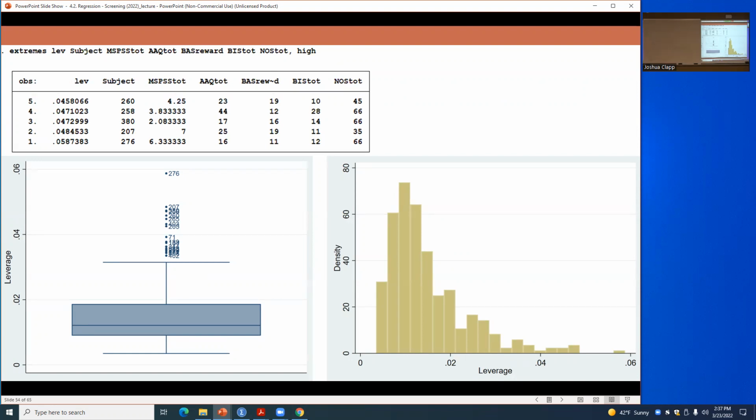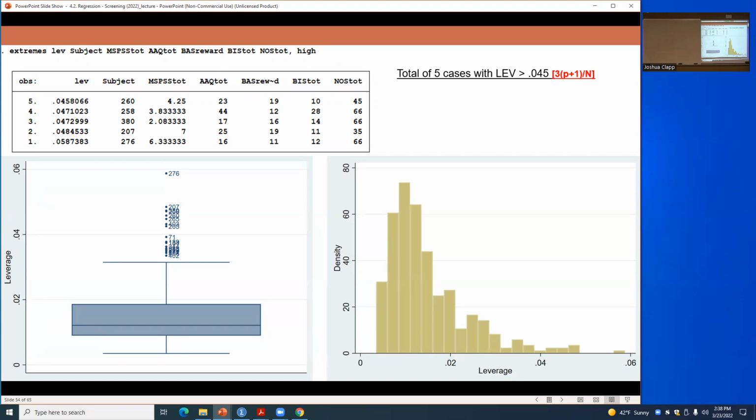I'm asking for the leverage value, the subject number, and then our various predictors, right? So here we have our largest leverage, .059. This is case 276. This is the one that's hanging out right here, right? And then subsequently our next highest ones, okay? But anytime we want to go through, we identify leverages.